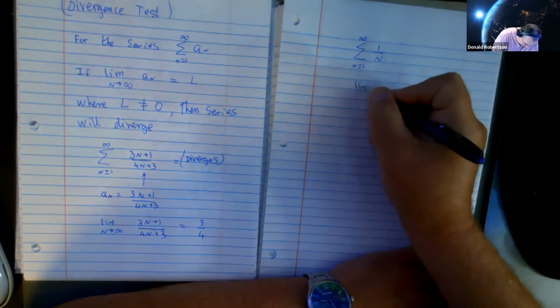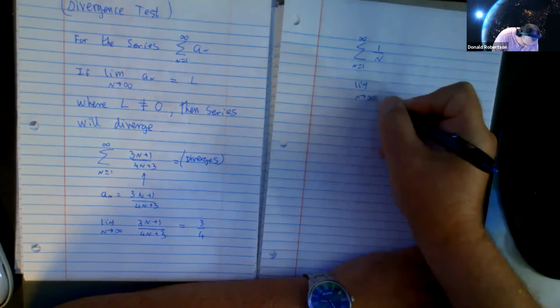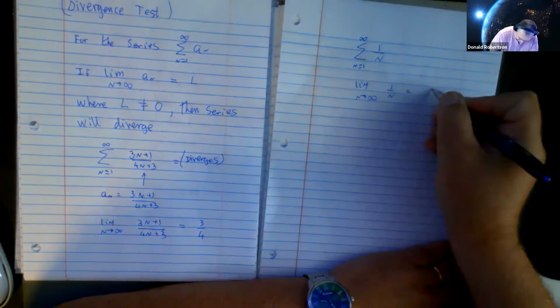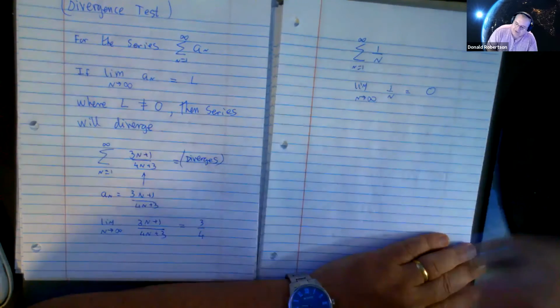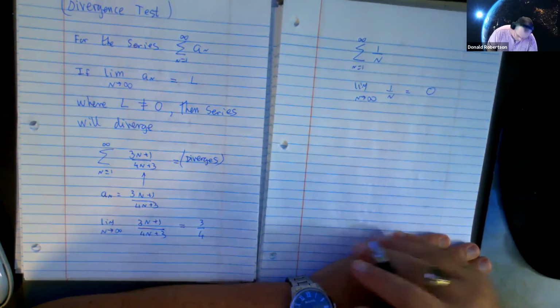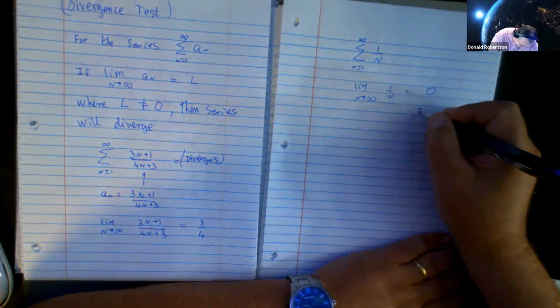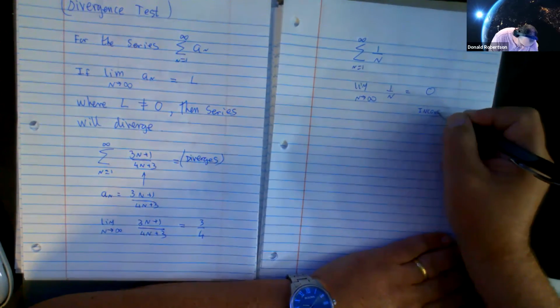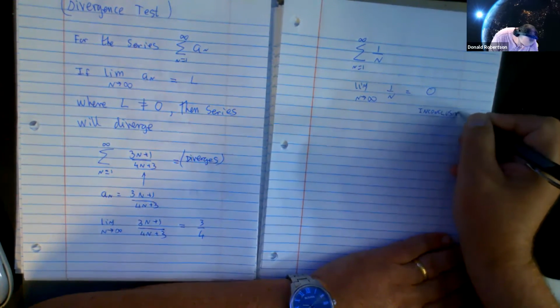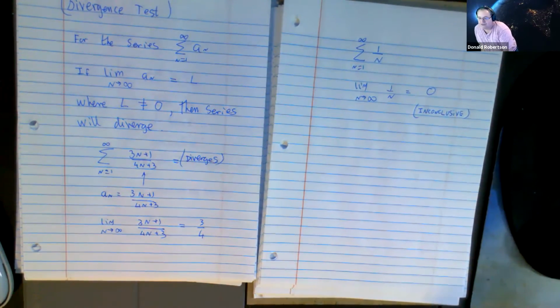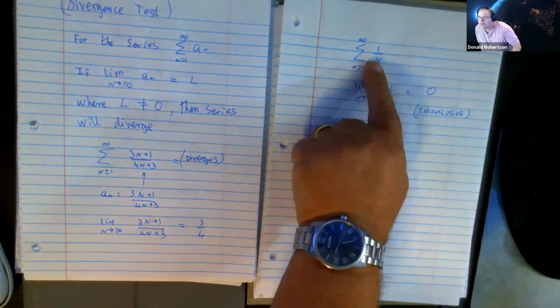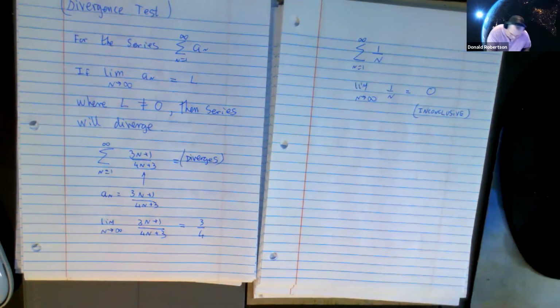Well, the limit as n tends to infinity of this guy is 0. The divergence test tells me nothing. All that means is it's inconclusive. The divergence test doesn't guarantee that this series converges. In fact, I happen to know that one.